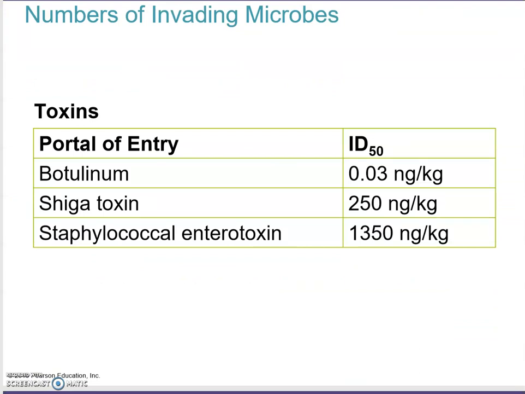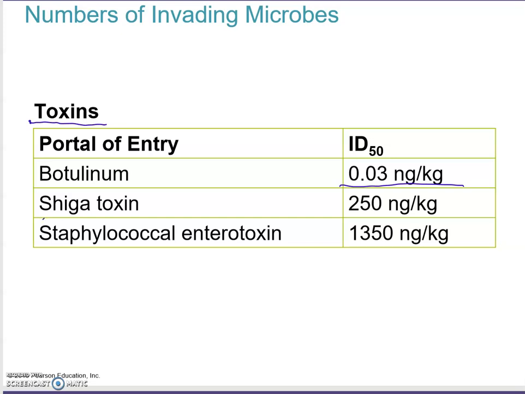Here are some more examples for ID50s given. In this case, we're taking a look at toxins and how much it would take to produce an infection in 50% of the test population. Botulinum toxin, that's the most potent neurotoxin known to mankind. It takes an amazingly low amount to get you really sick, and that will be here 0.03 nanograms per kilogram of the person.